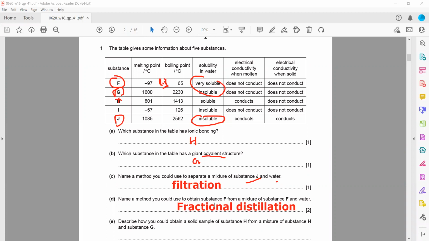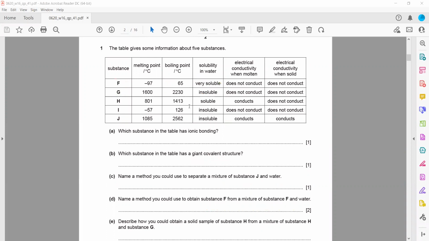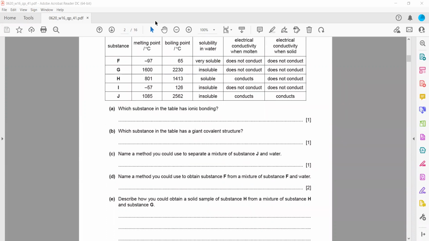G is insoluble, H is soluble, and we want to obtain the solid sample H. So first, we will add water. Once we add water, G will not dissolve, it will be insoluble, and H will dissolve. So we add water, then we filter.